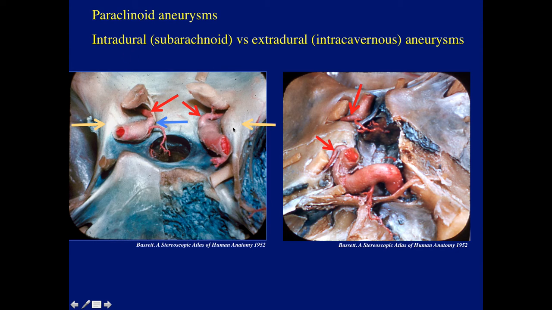So this helps to understand how to separate intradural subarachnoid aneurysm, which could cause subarachnoid bleed, versus extradural, or what's also called intracavernous. If we look at the sagittal image of the entire dissected carotid siphon, here again is the carotid coming up into the cavernous sinus from the temporal bone.